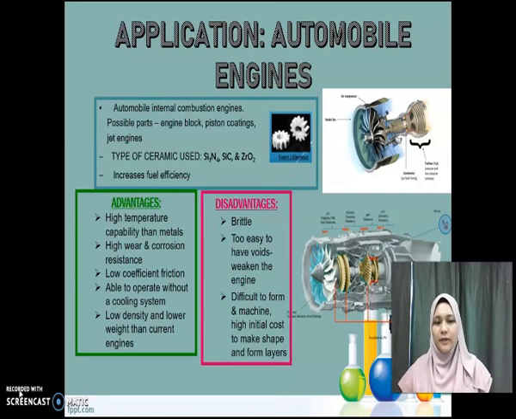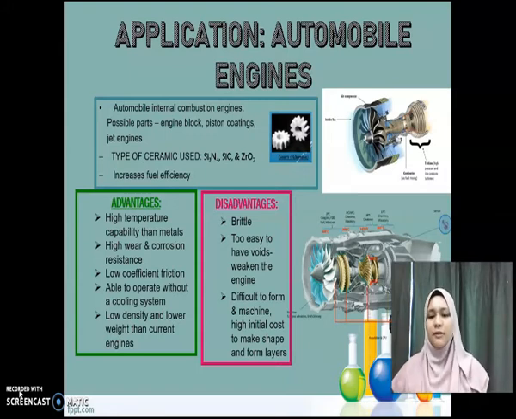There are a lot of advantages. The main advantage is that it can withstand higher temperatures than metals, and it has high wear and corrosion resistance. As you can see from the image, the engine parts use high temperature to increase the fuel efficiency. So that's why we need to use advanced ceramic.